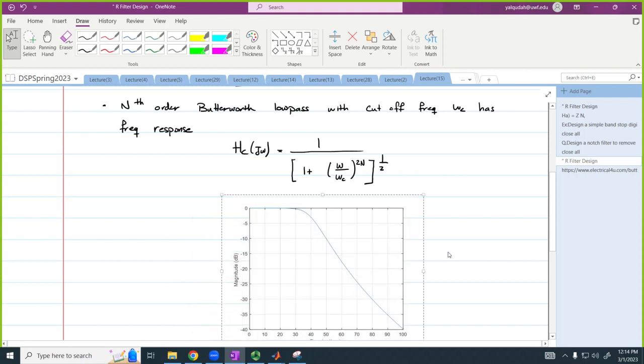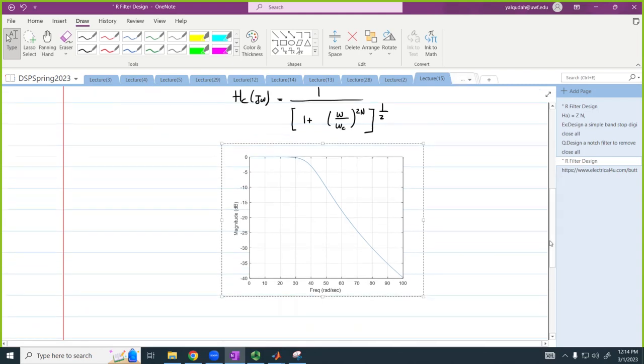This is n equal to 5. When I have negative 3 dB, what does that correspond to? The cutoff frequency.